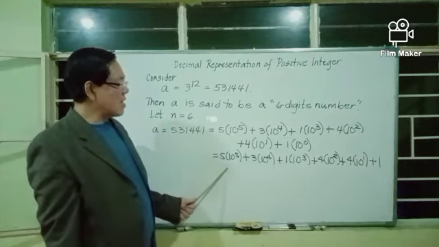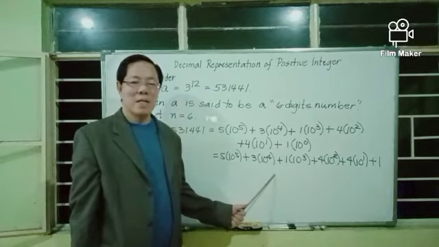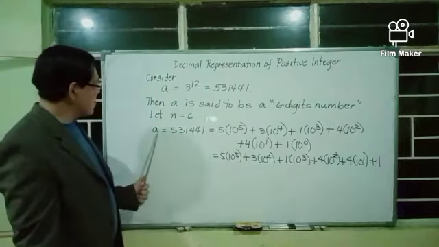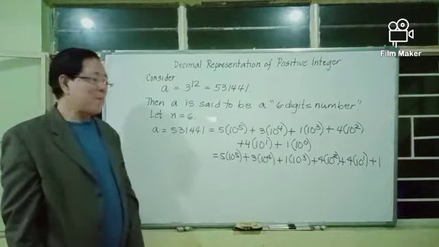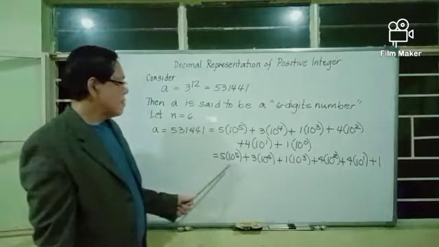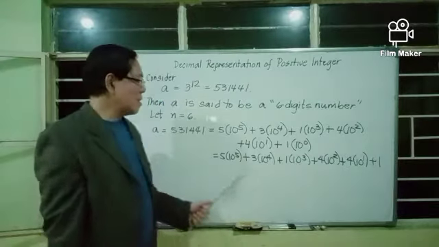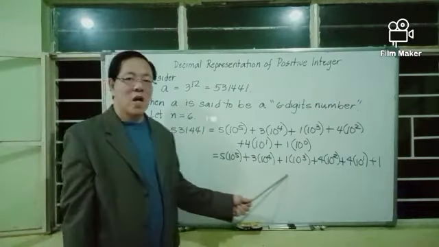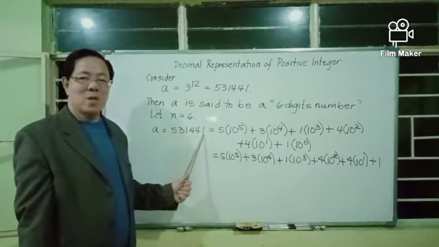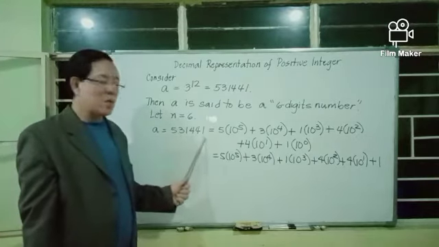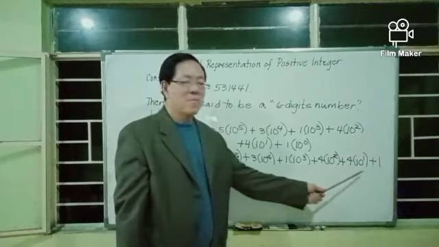Now we generalize this statement with a particular example. Suppose now A is any real number, and we write that number in this form. You can also see that in this expansion of this positive integer 531,441, there are 6 terms in the sum: 1, 2, 3, 4, 5, 6.